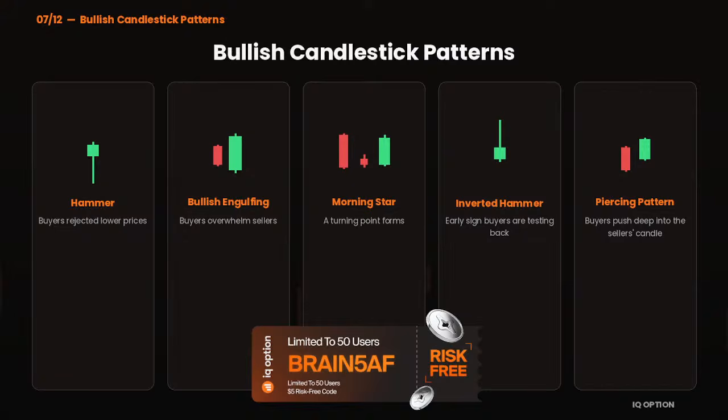It completely swallowed the last red candle, which means sellers won the battle in the first candle, the red candle. Then buyers come in so strong that they erase the entire move and even create a much bigger candle. That is a bullish engulfing. It is a real visible shift of power from the hands of the sellers to the hands of the buyers.